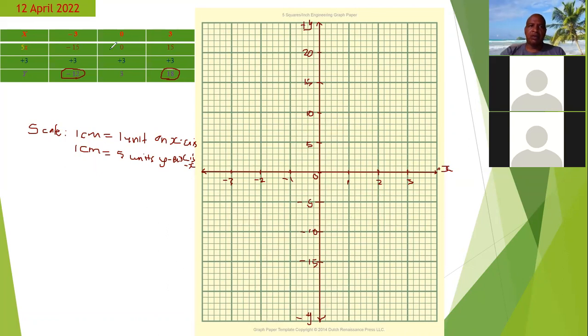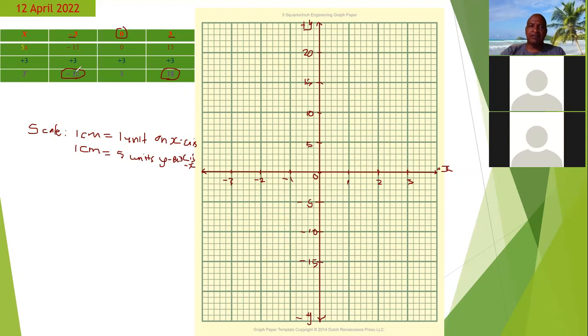Now, remember, because it is a straight line graph, we don't have to plot all the values for the x's. So we're only picking out 3 values for the x: -3, +3, and 0. You can actually use two points to plot this graph, but to be a little bit more accurate, we're using 3.